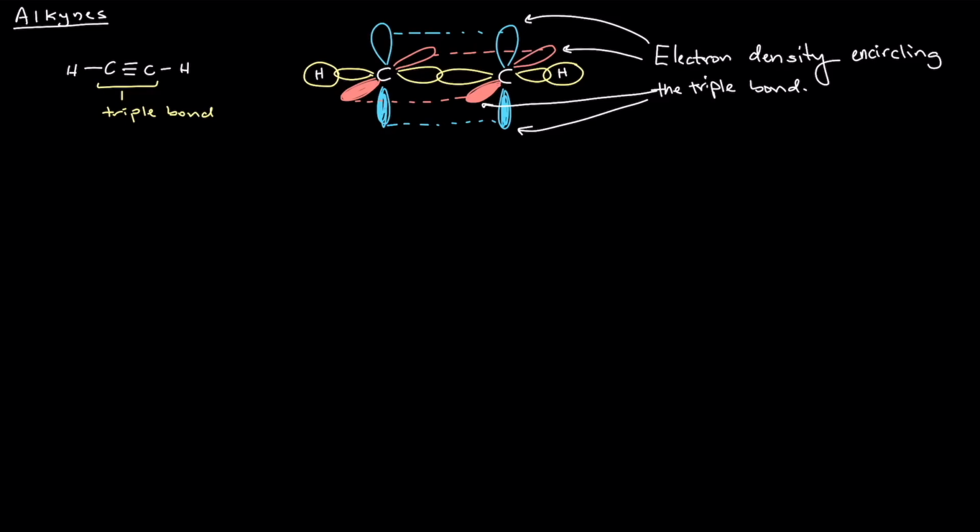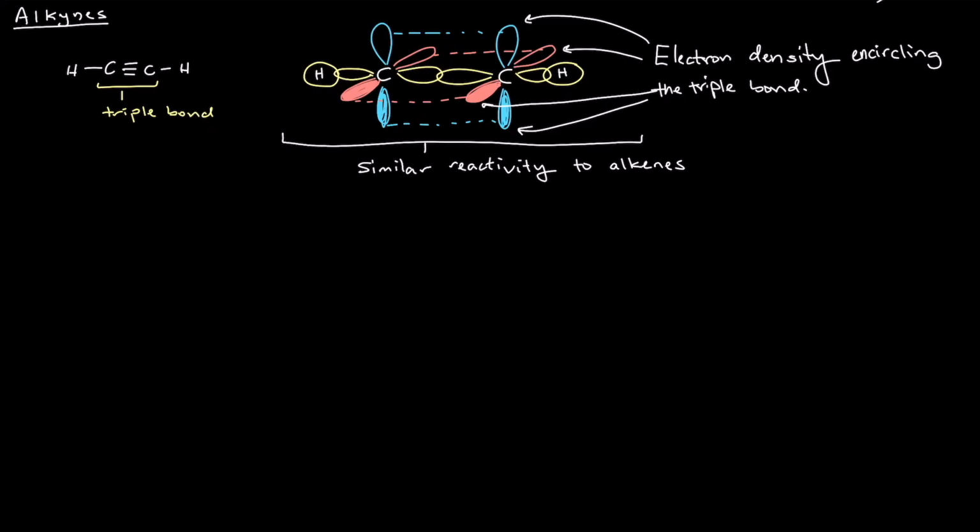And as you can see, the electron density in an alkyne can really be described as encircling the triple bond, almost as if it's a cylindrical pi system that is filled with electron density.